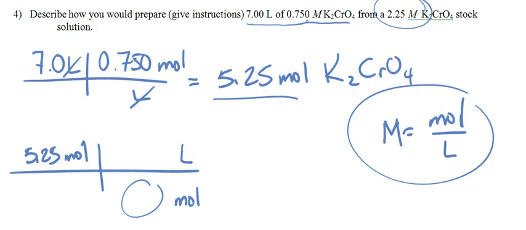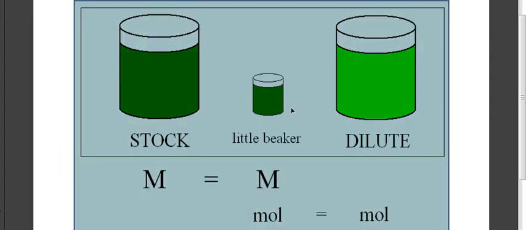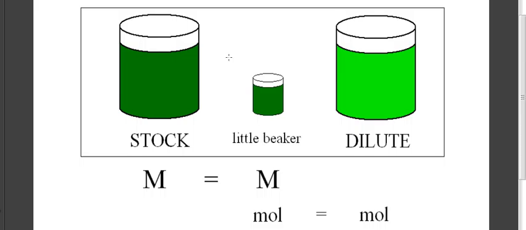And that'll tell me exactly the volume needed of stock. So I'm going to put my 2.25, again, from there, 2.25 moles for every 1 liter. Isn't that cool? So now my moles cancel out and I'm left with my volume, which will tell me exactly what volume I need.